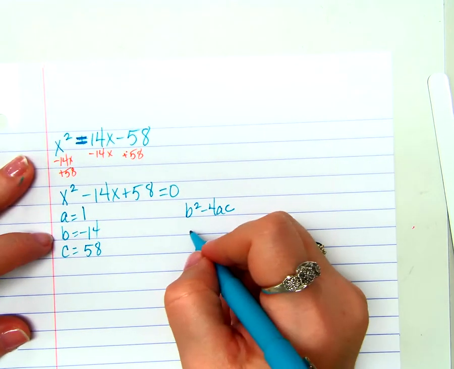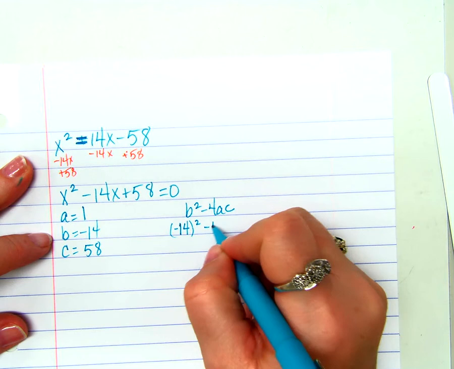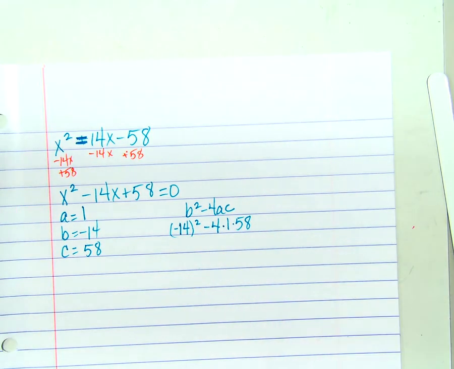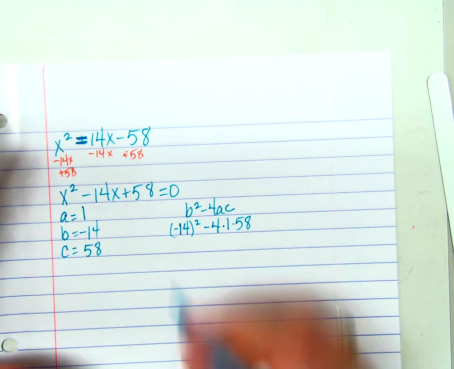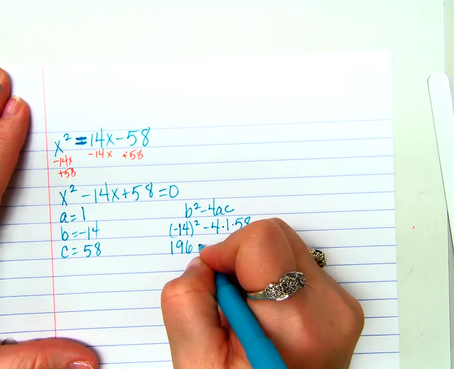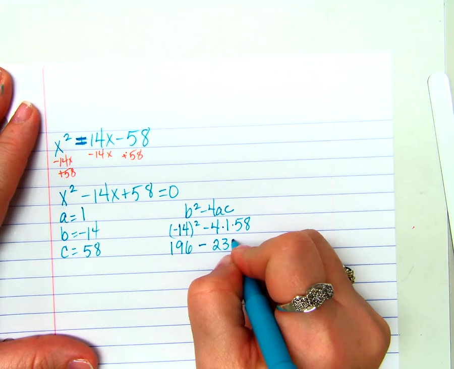So B squared is going to be negative 14 squared minus 4 times 1 times 58. Yeah? Negative 14 squared is, I believe, 196. Yes? 4 times 1 times 58. Anybody have that for me? 232.